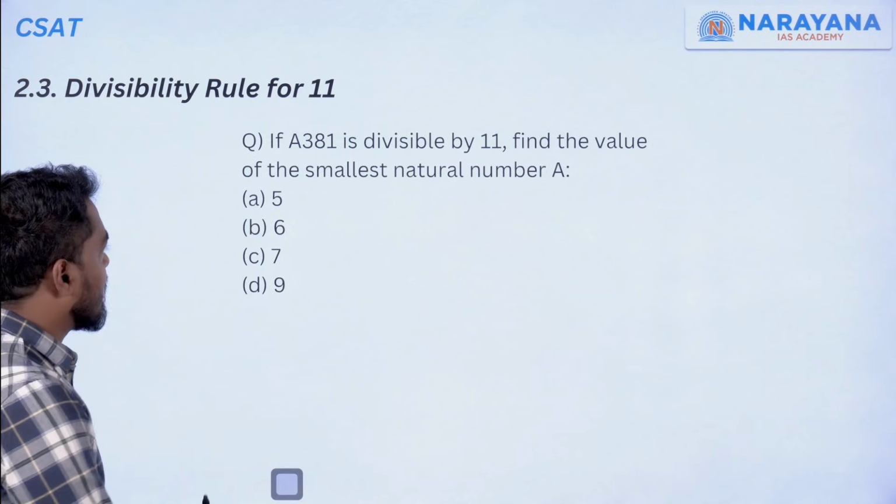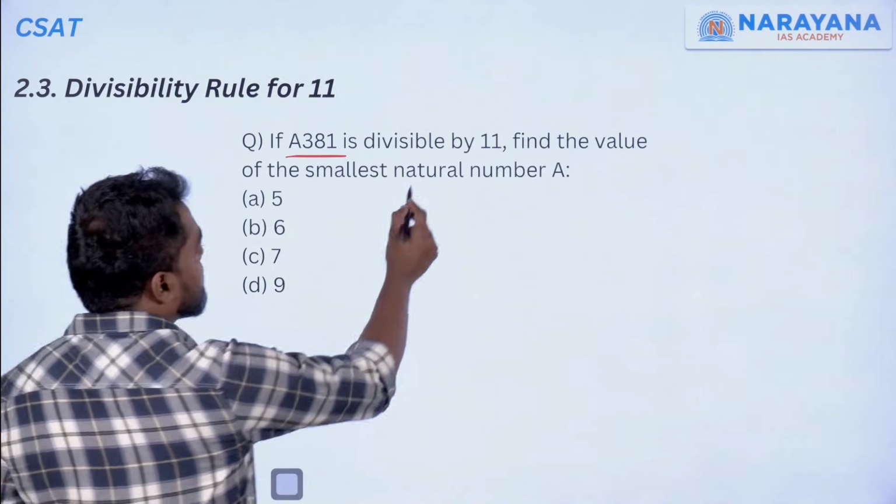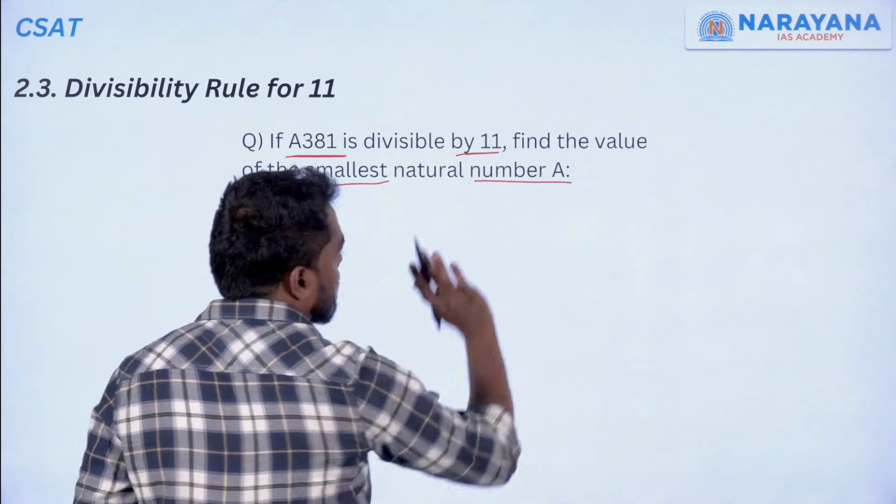Okay, let's try to solve this. The number is A381. It is divisible by 11. What is the smallest number for A?